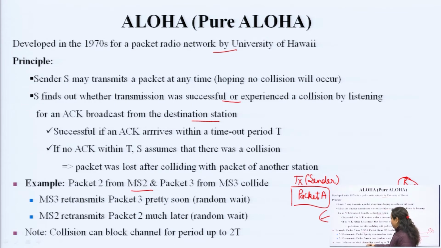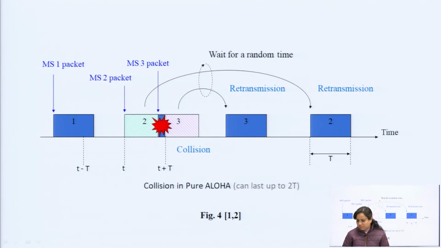So, MS 3 retransmits packet 3 pretty soon, after the collision has taken place and the negative acknowledgement has been received. Let us say we transmitted packet A; if NAK is received in return, then packet A has to be transmitted again. That is the very basic concept of pure Aloha.